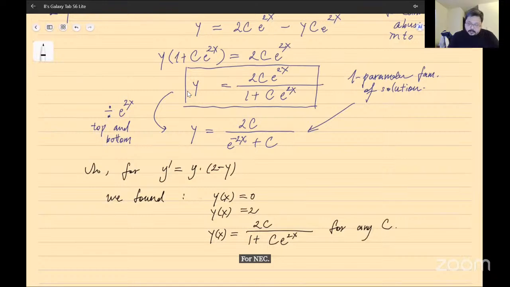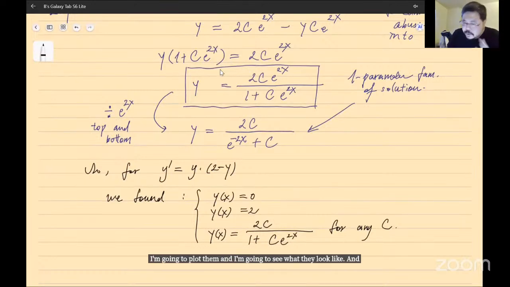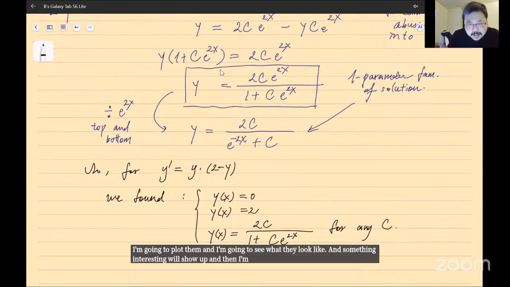Okay, so we found all of these. I'm going to plot them and see what they look like. Something interesting will show up, and then I'm going to have to circle back to talk about this.